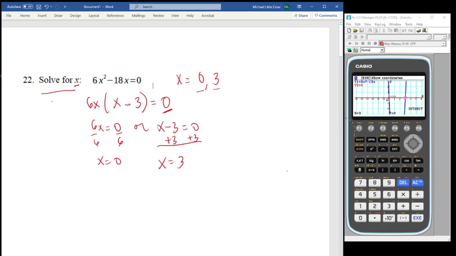Okay. Now let me show you what this would look like if you didn't put in the second equation, y equals 0. Because it's equal to 0, you can always do the root. So it'll do it without the other thing there. So watch, if I do root, it does it a little differently.